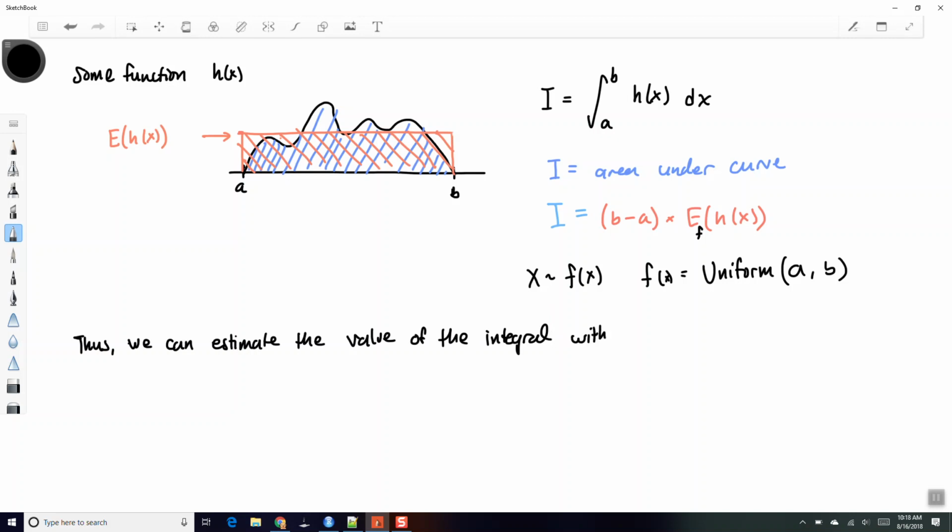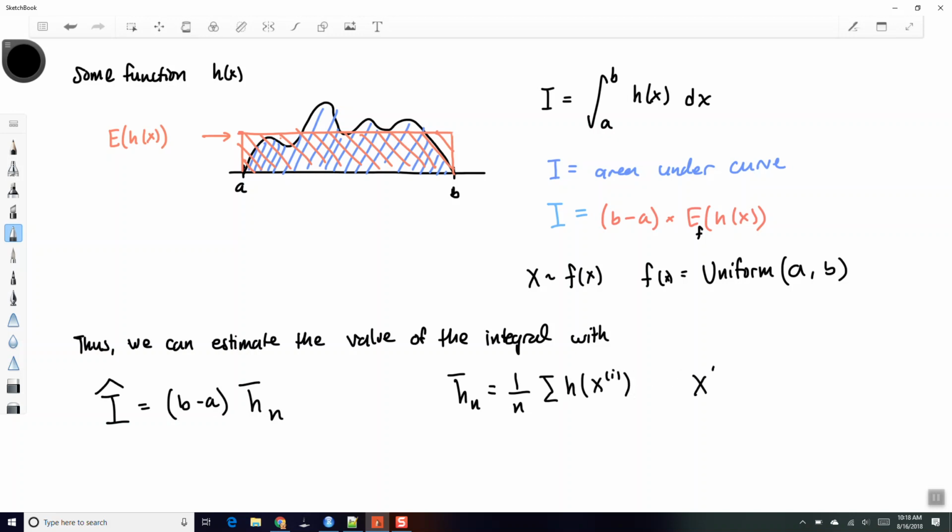The estimate of I will just be b minus a, and we will plug in h bar sub n, okay? Or again, h bar sub n is 1 over n times the sum of h of x sub i.